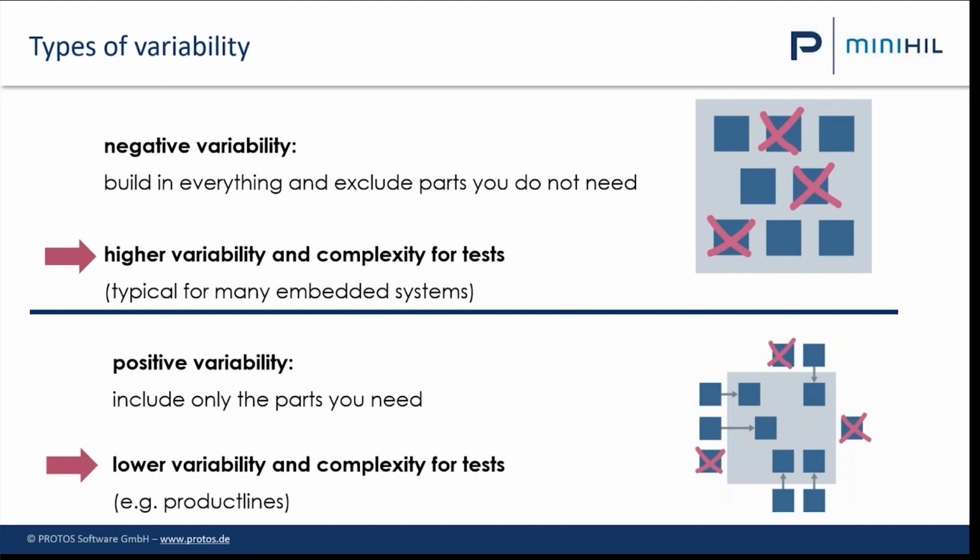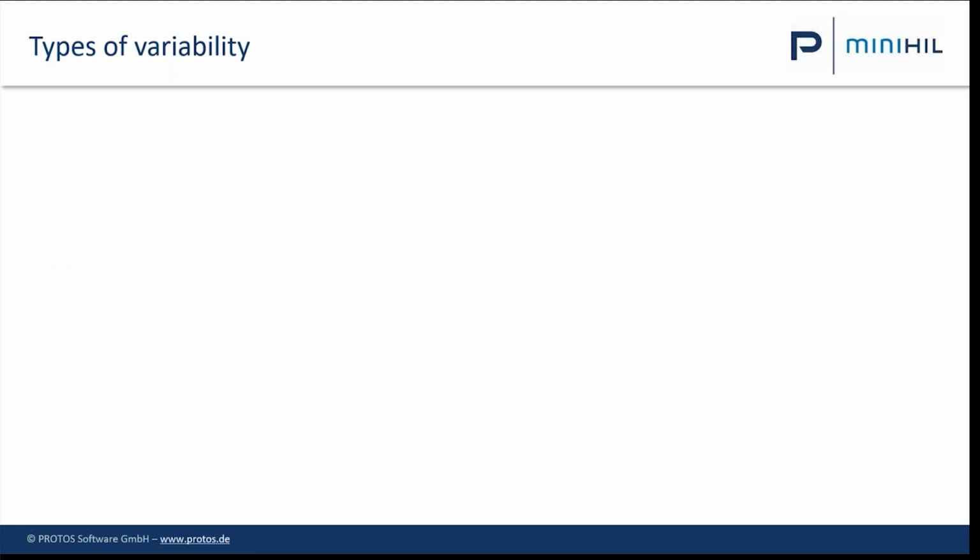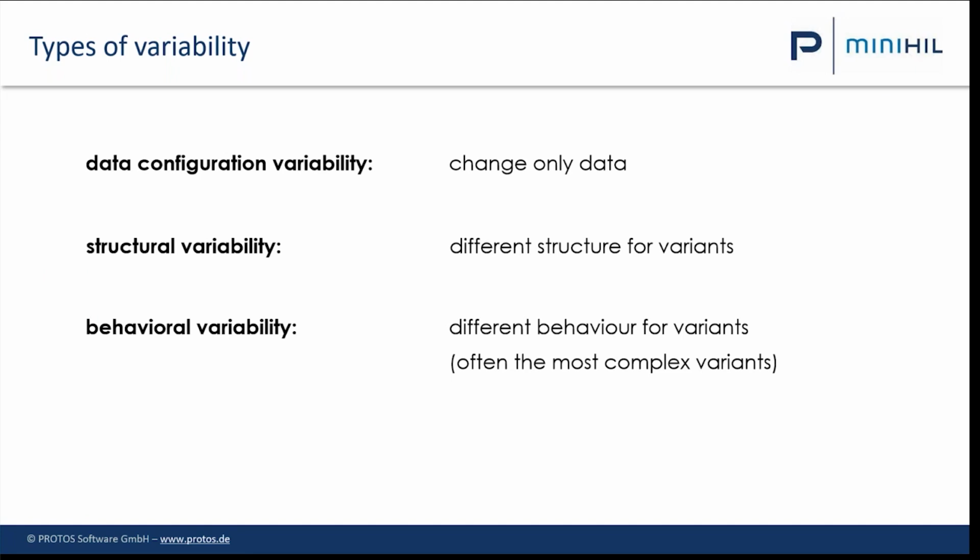Usually with a positive variability, you have a lower variability and complexity for tests and also for development. In the combination, for example with a product line, you can combine those two types of variability. I'll get to this a little bit later. So we strive for positive variability, but there are constraints that usually lead to a negative variability in your embedded system.